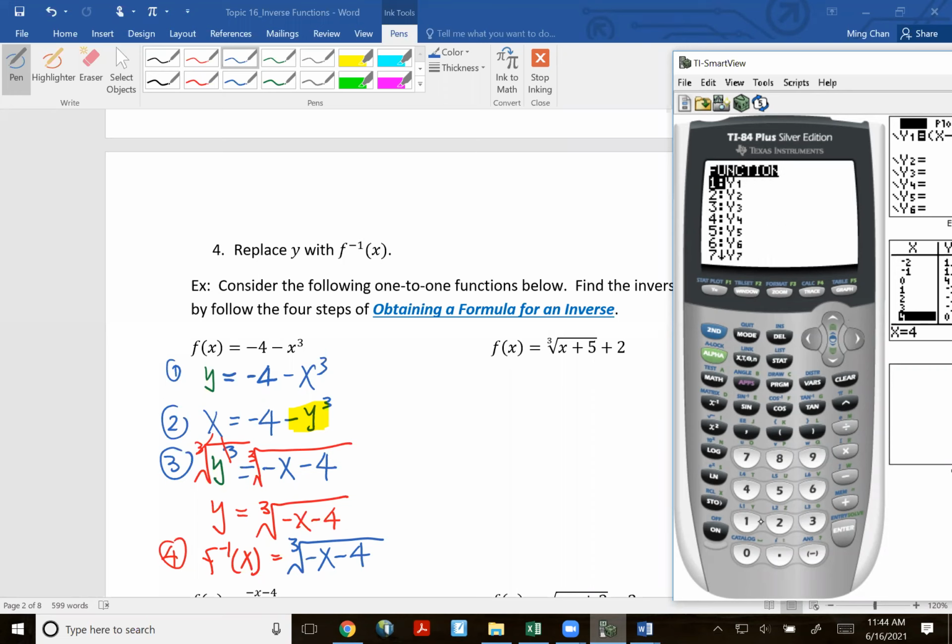I'm gonna choose y1. Draw inverse of y1 and graph. Oh Lord, it didn't graph. Enter. There you go. That's the same graph as I drew earlier. So that's how you actually draw the inverse.